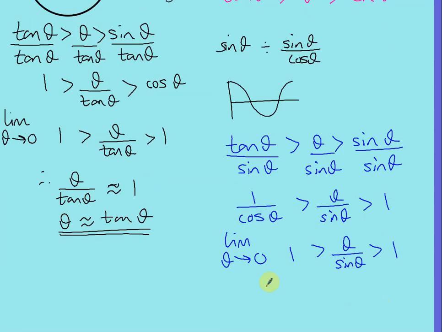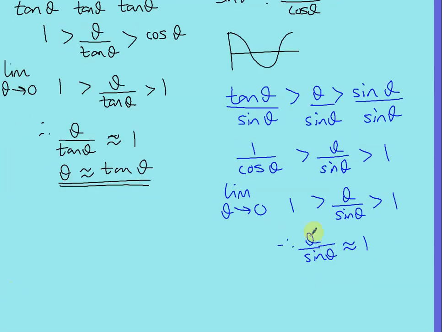So what we can say is, therefore, theta over sine theta is approximately equal to 1 for all small angles, which means theta must be approximately equal to sine theta, because when we divide these two things it has to be 1, so they have to be the same. So this is also true for small angles.